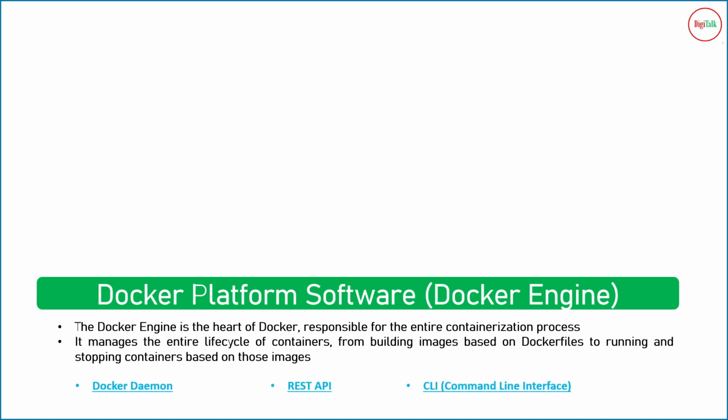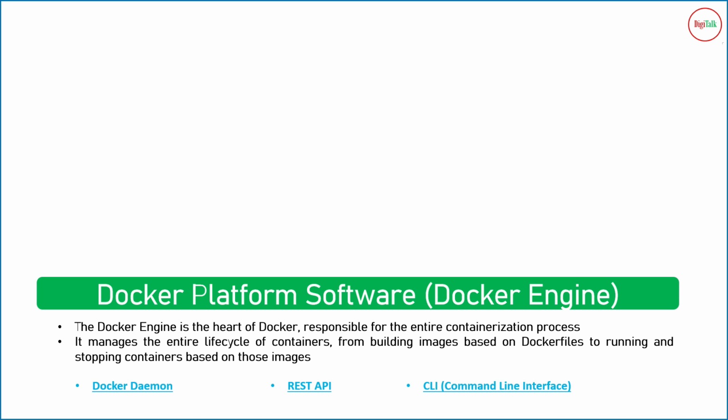Now we are manipulating different images. We are creating containers, starting containers, and stopping containers. All of these things you can do with the help of different components. All of these components, which are internal to the Docker engine and utilized for all of this work, are called the Docker daemon. You have different kinds of daemons doing different kinds of work for the Docker engine.